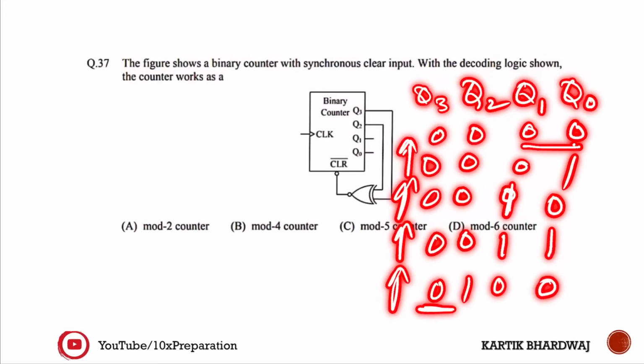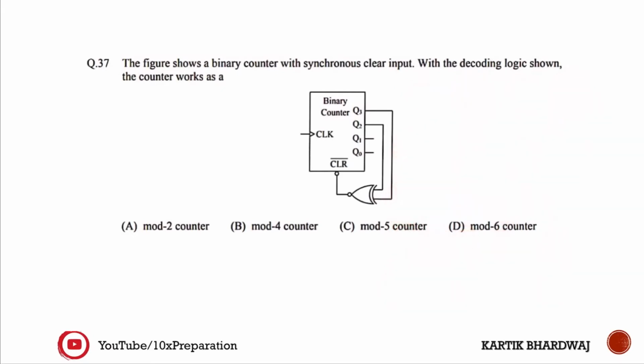Whenever this 0 1 comes, look at this very carefully. When this is 0 and this is 1, immediately this NOR circuit generates 0.